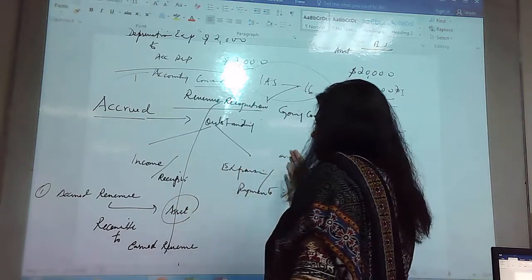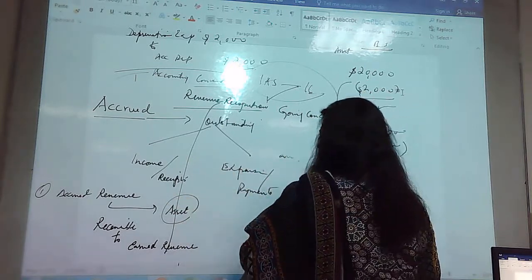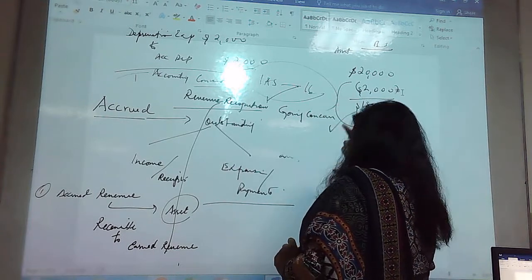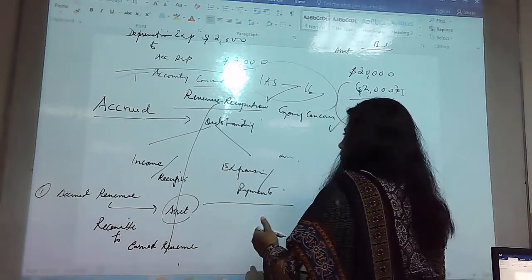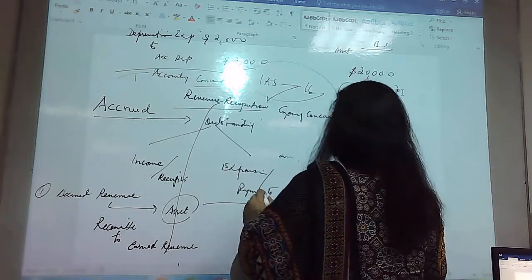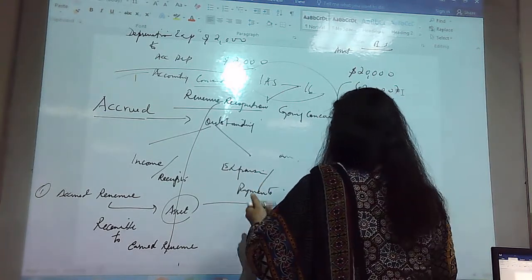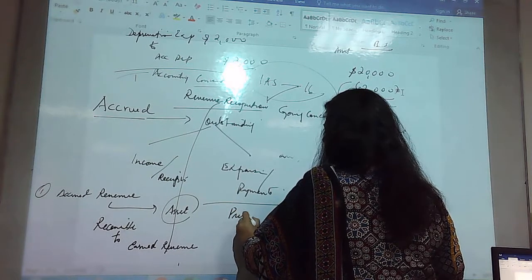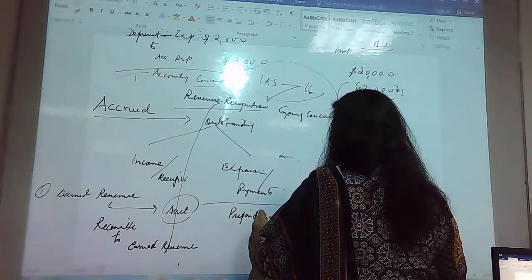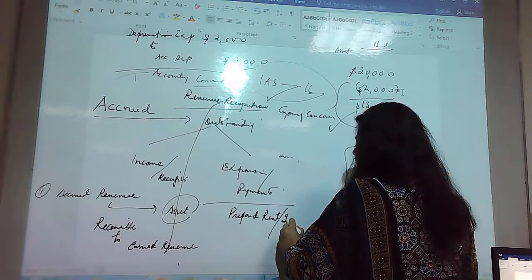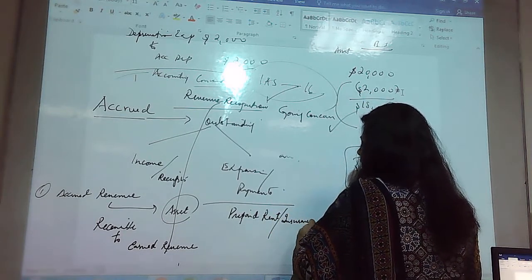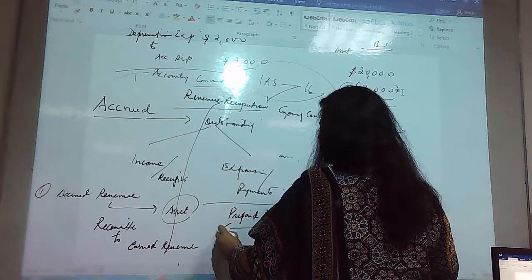So when we come to payments, you have to see that when there's a prepaid, something which is prepaid is an asset. It could be prepaid rent, or it could be prepaid insurance. Any expense that is prepaid is an asset.